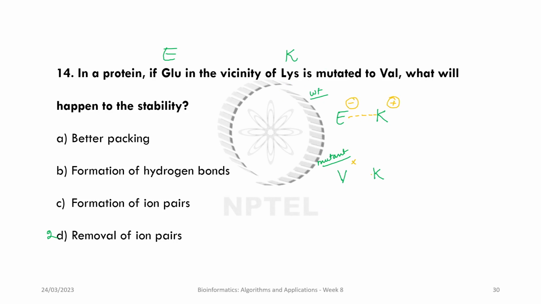Which is broken when, so it's not about better packing, no, formation of hydrogen bonds, not at all, and there's no formation of ion pairs, but there is definitely removal of ion pairs. The answer is option D, removal of ion pairs.